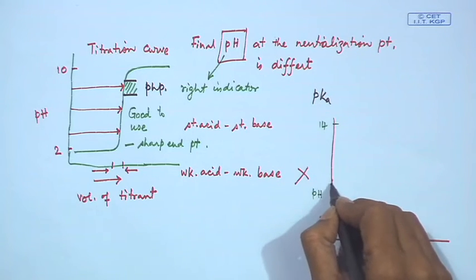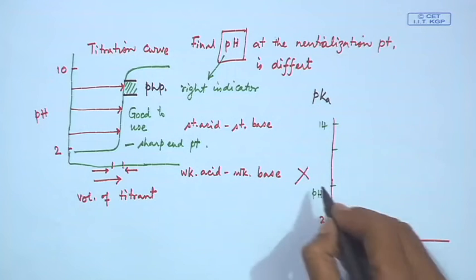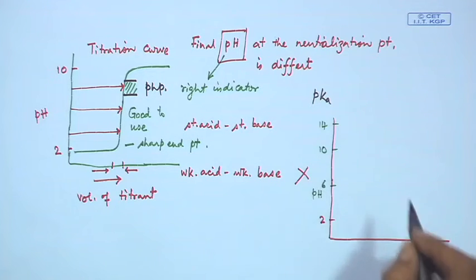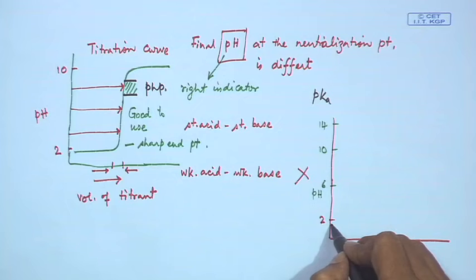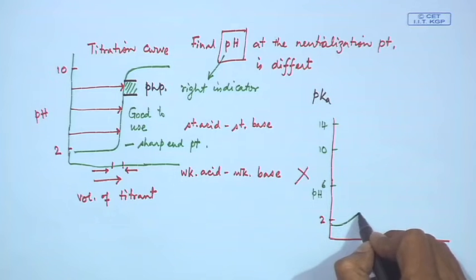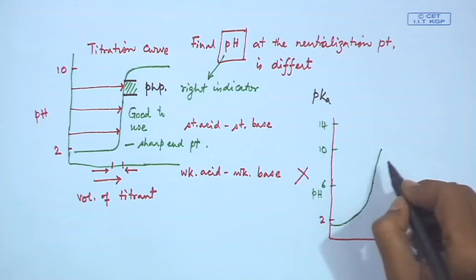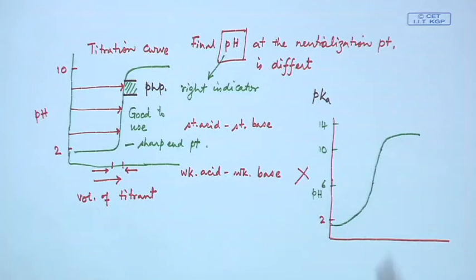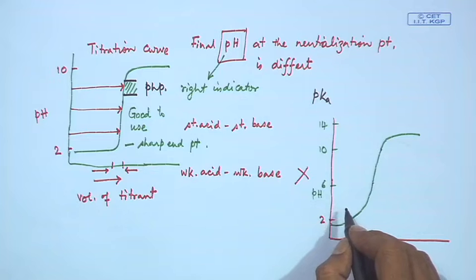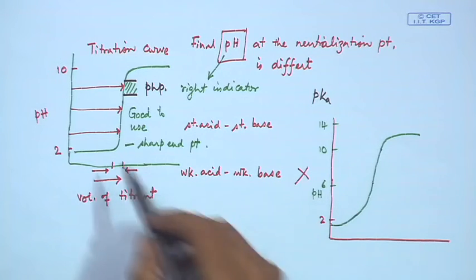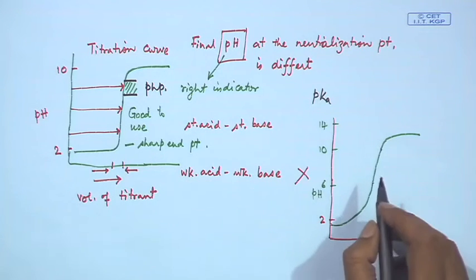So, in between you have 6 and 10. But this plot is broadened and not sharp.